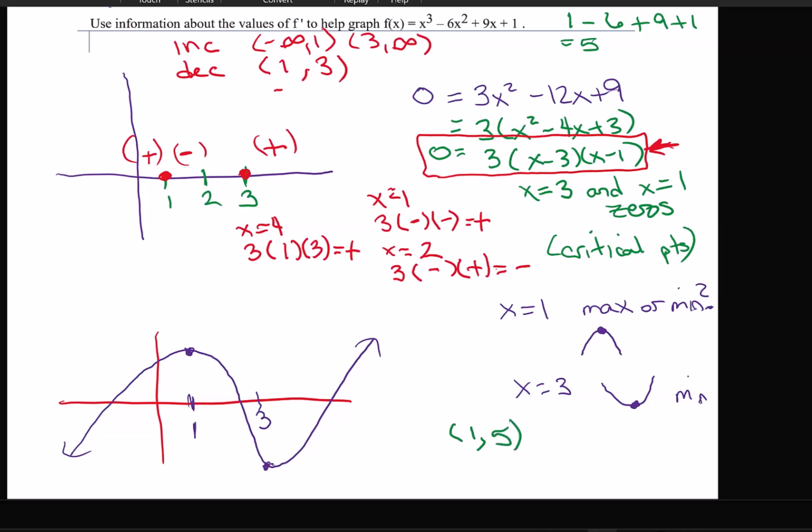And I have that 1 point. So now I know this is 5. That's how high it goes. And I know my minimum is 3, so I can plug in 3 here.